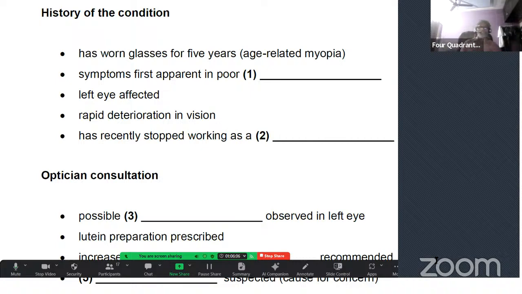Poor is an adjective. So the next one will be a noun.